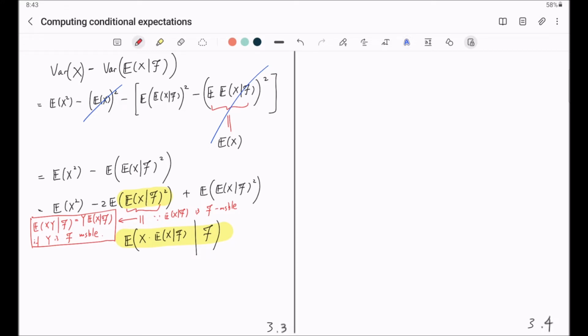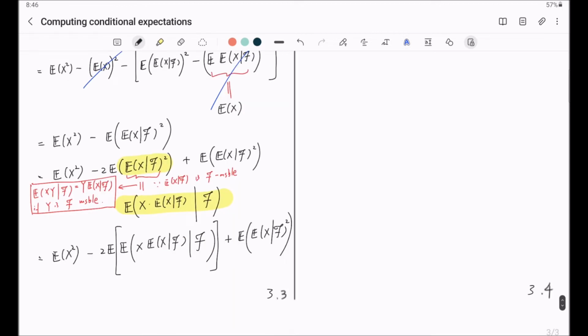So now let's continue. And now, what is this term? Now let us copy everything we have derived so far. We have obtained here 1, 2, and 3. Now, what is the thing in the middle?